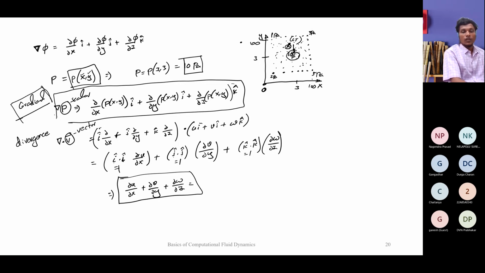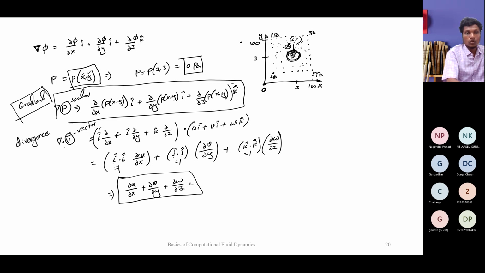So the way you are using this nabla and whatever you are multiplying beside it is the key that denotes whether you are getting a divergence or a gradient. A gradient indicates a direction where you have the maximum amount of that scalar value in the flow field. This is the maximum value location in that scalar field. But a divergence gives a scalar value.